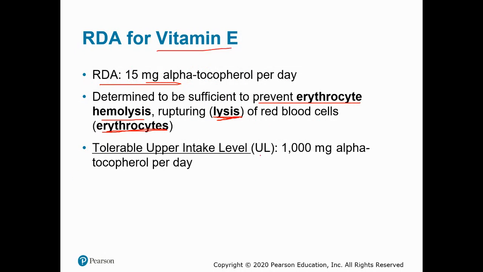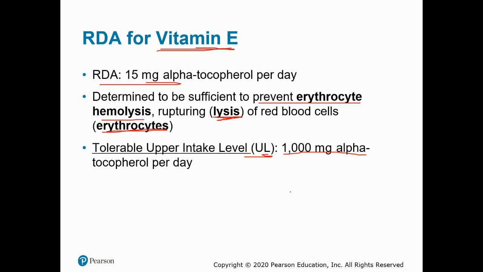Because vitamin E is fat soluble though, a tolerable upper intake level has been determined, and that's at 1,000 milligrams of alpha tocopherol equivalents per day. So if you are supplementing with vitamin E, definitely wise to not exceed this limit on a daily basis. This is because we can store vitamin E in our bodies, in our adipose tissue, and a little bit in our cell membranes.